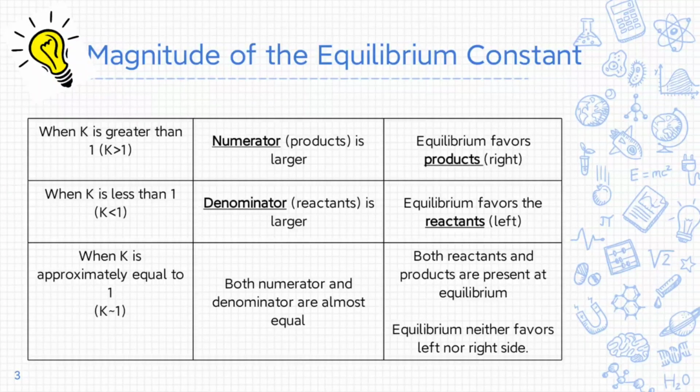Okay? And lastly, this rarely happens, pero sulat na rin natin dito, when the equilibrium constant is approximately equal to 1, ibig sabihin nun, both your numerator and denominator are almost equal. So both reactants and products are present at equilibrium. So it neither favors left nor right.